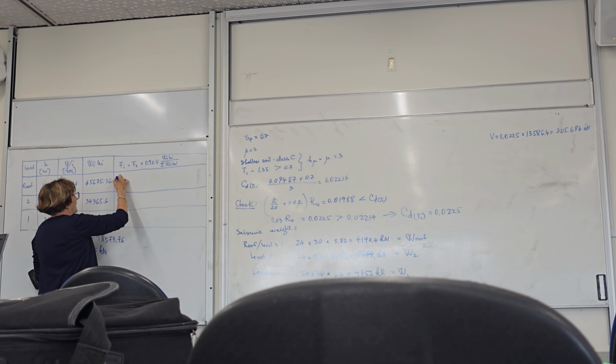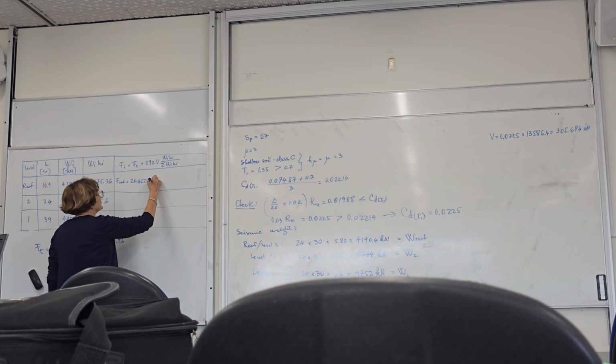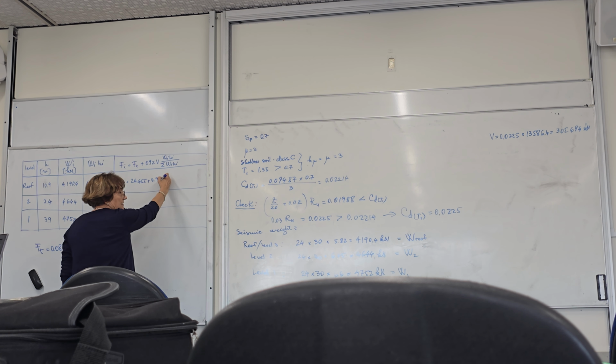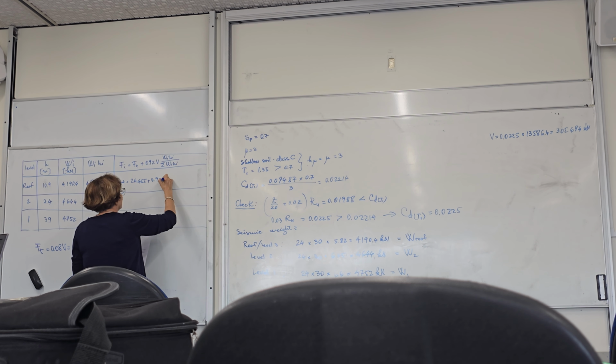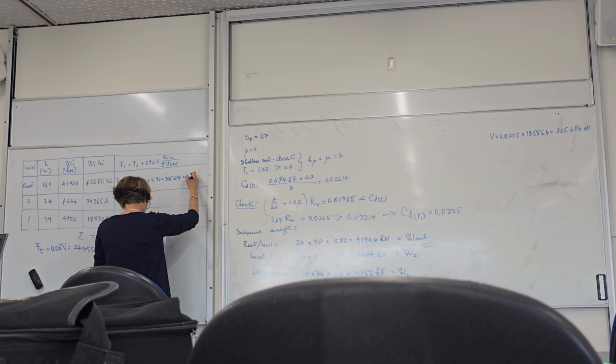Therefore, F roof or 3 will be equal to 24.455 plus 0.92 times 305.694, and will be equal to 154.77.